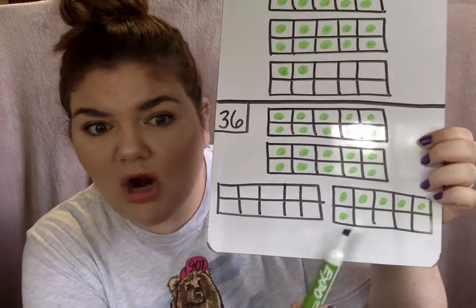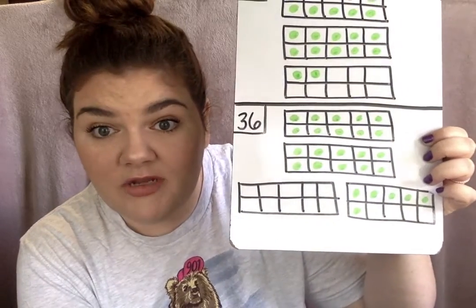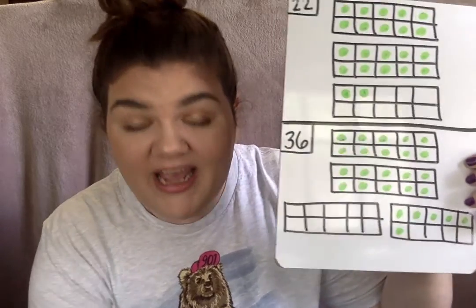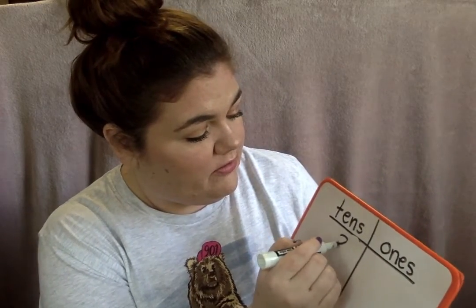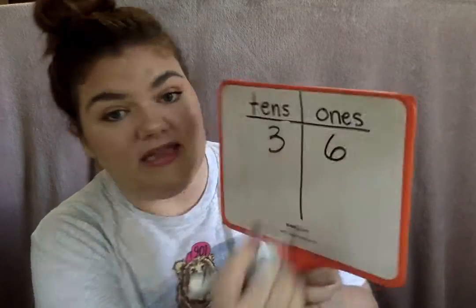We have part of one filled out. And then we have one totally empty. So we're going to write our number in our tens and ones. What was the number again? 36. Yep, 36. So we're going to write a 3 in the 10 spot and a 6 in the 1 spot.